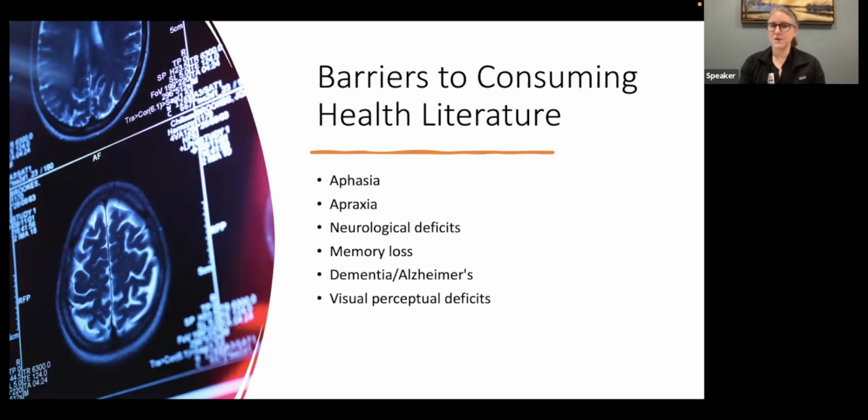We can't reverse the course of either. We can try to slow the progression, but again, we're looking more at compensation strategies rather than fixing it. And visual perceptual deficits sometimes get better, and sometimes now we're looking at long-time fixes to see how can we compensate for these visual deficits moving forward.